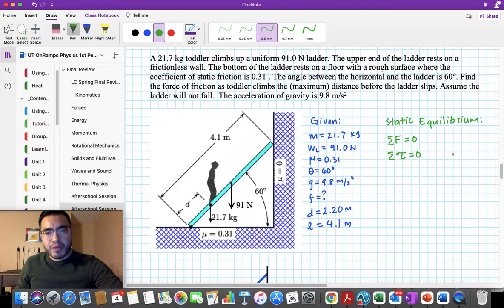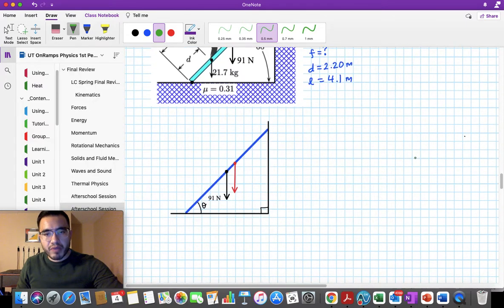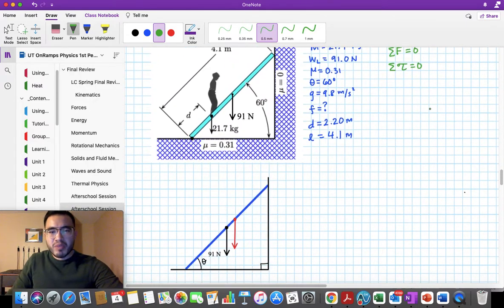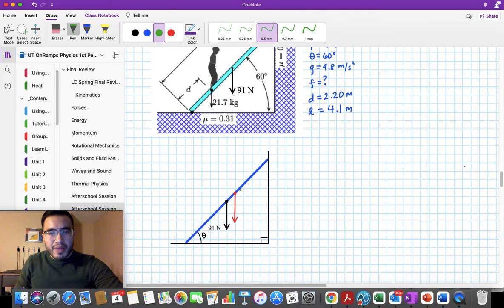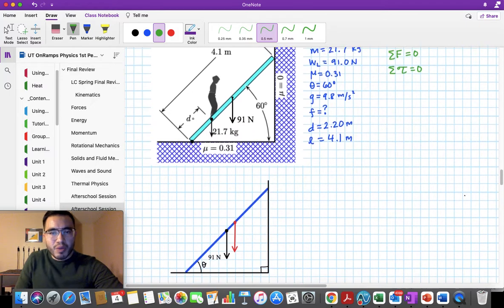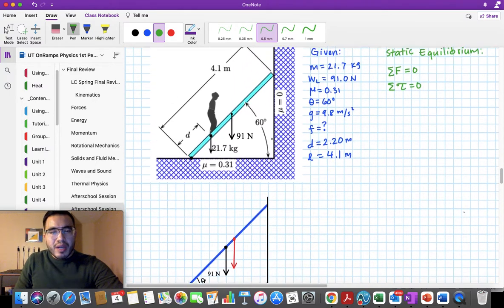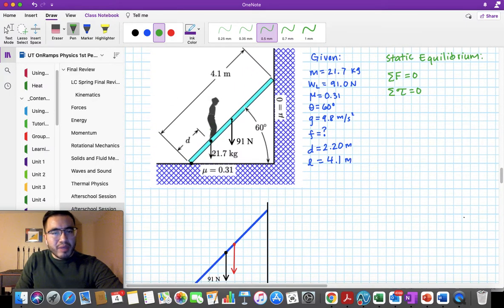And what we have to do for this one is start with the forces. And when we use forces, we have a free body diagram. This one represents the 91 newtons. This red arrow is the weight of the toddler. Now this distance d right here, you can see this is not 2.2 meters because the ladder is 4.1, so the midpoint would be 2.05.